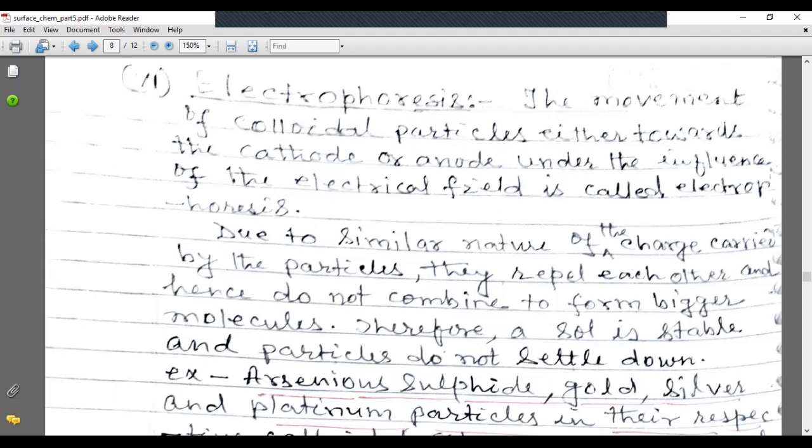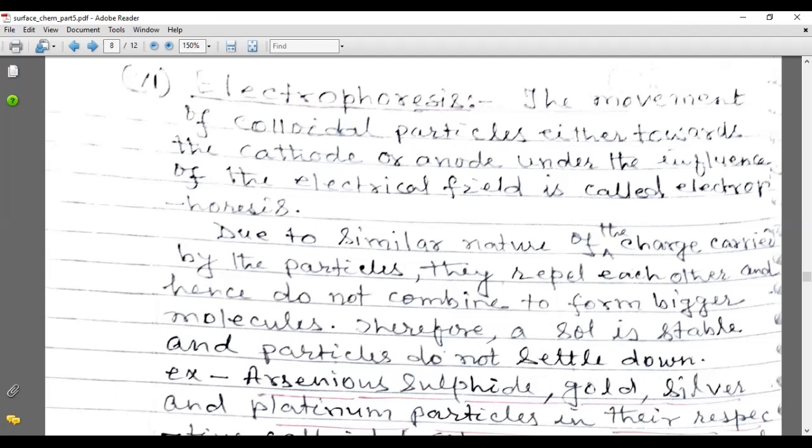Example: arsenious sulfide, gold, silver and platinum particles and their respective colloidal sols are negatively charged, whereas ferric hydroxide, aluminum hydroxide, etc. are positively charged sols.